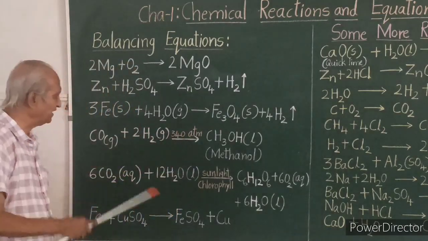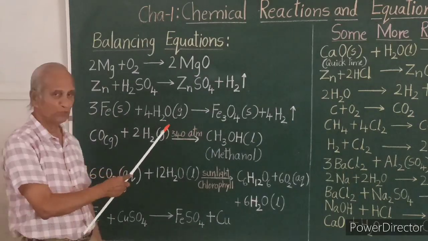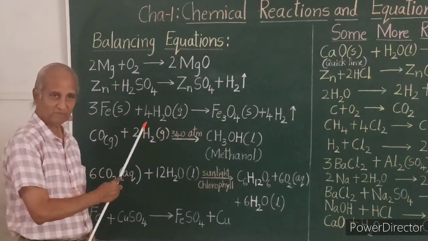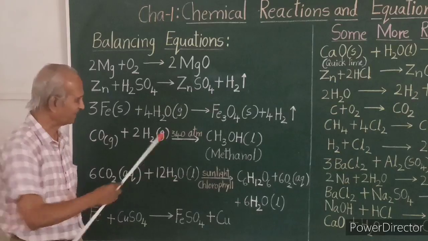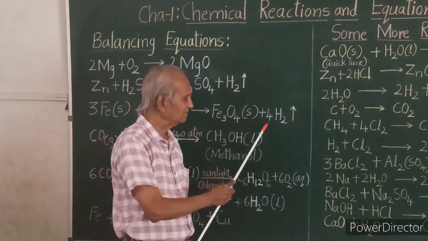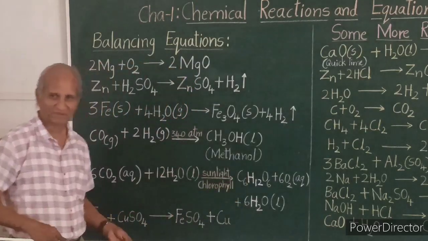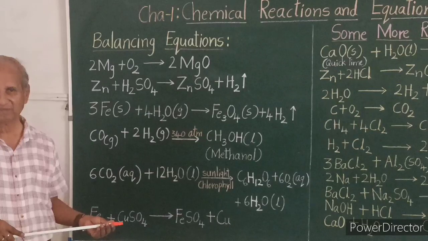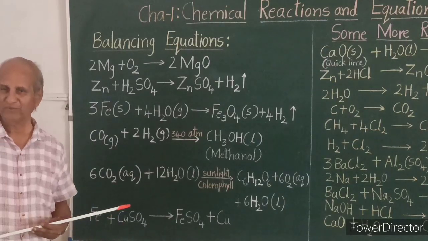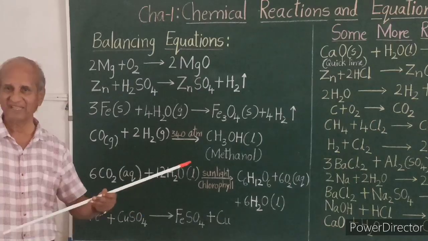Now we will go into the details. Fe plus H2O, I told you, forget about this. The coefficients you will see later. Fe plus H2O gives us Fe3O4 plus H2. Now we have to balance it. Balancing the equation. Iron which is left in the open or when the air is moist.